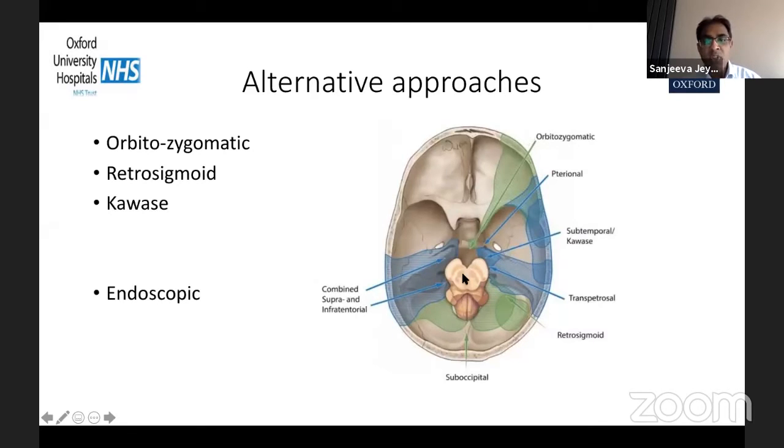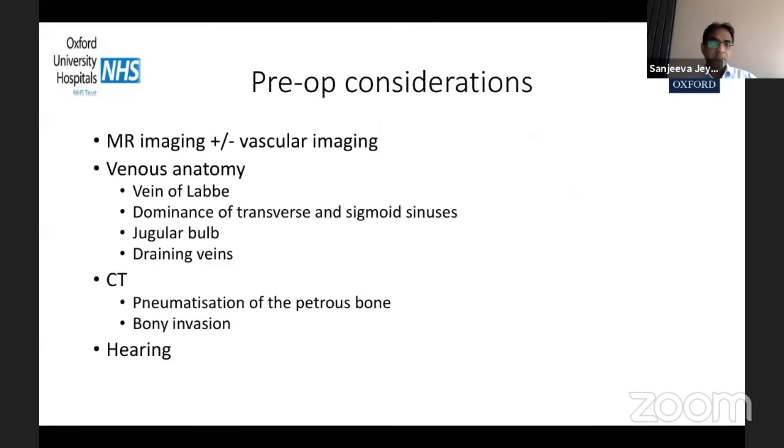You could look to do an orbitozygomatic approach, splitting the fissure, even taking the anterior temporal veins and doing this pre-temporal approach, or a sort of approach through the cavernous sinus, which again will take you very nicely lower down. And of course, nowadays, there's the endoscopic approach, which is excellent for dealing with a lot of these tumors, particularly these softer tumors in front of the brainstem, and sometimes we would combine these approaches.